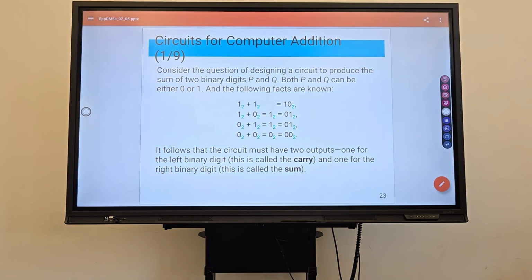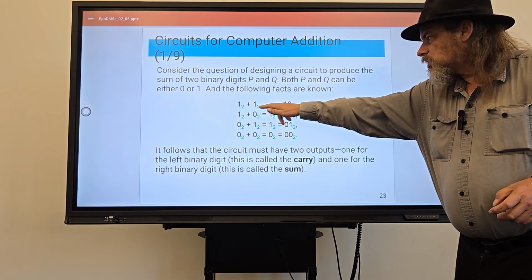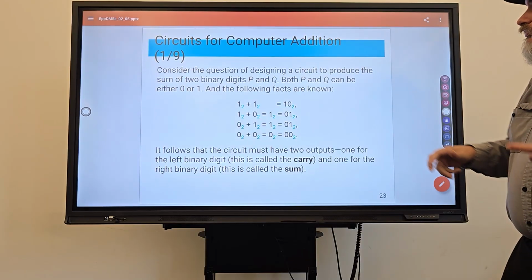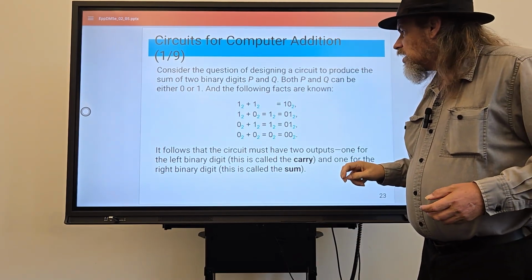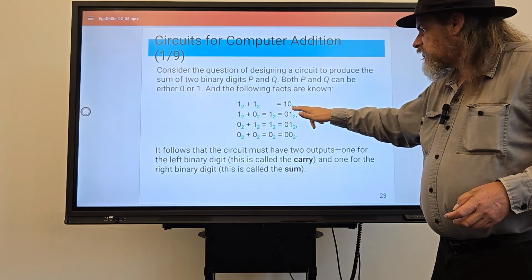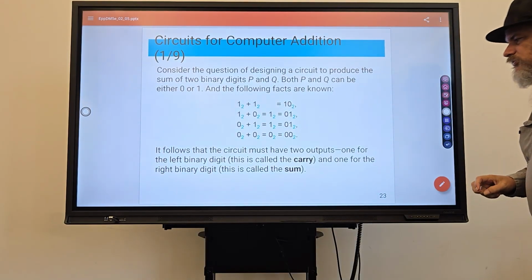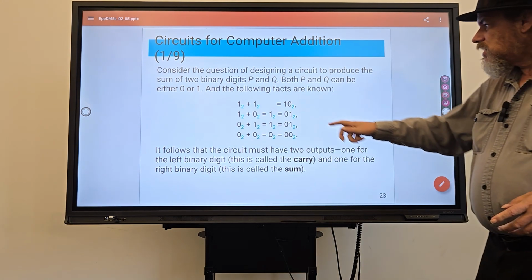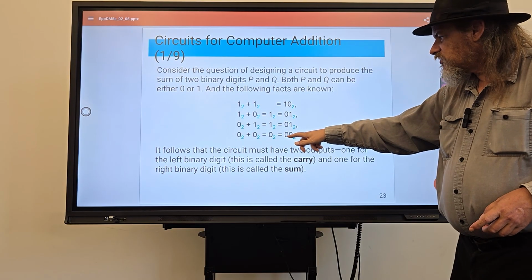The circuit for addition has 2 inputs for your A and B, or P and Q here. Both P and Q can be either 0 or 1. The outputs have 2 columns, therefore it must have 2 outputs. The first column on the right is the sum, and the carry is the second column.